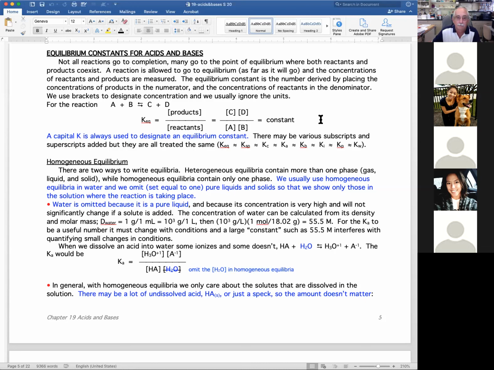So just briefly, what if I let this go to equilibrium and most of what I have at equilibrium is made up of C and D, so these numbers are big and these numbers are going to be small. What does that say about the constant? Constant will be a big number. So when we see a big number for the equilibrium constant, we know that it forms a lot of products.